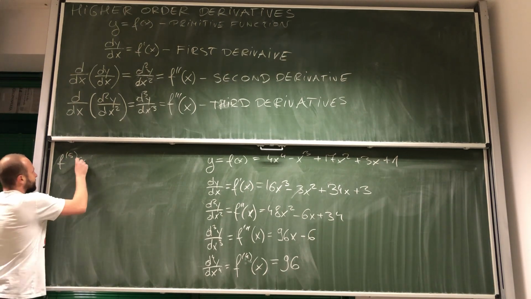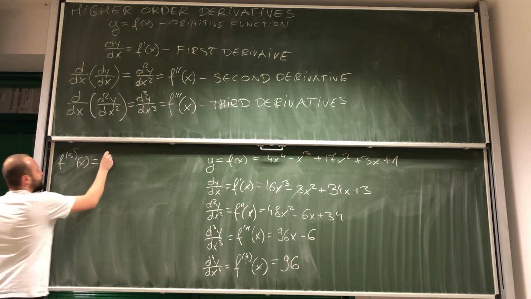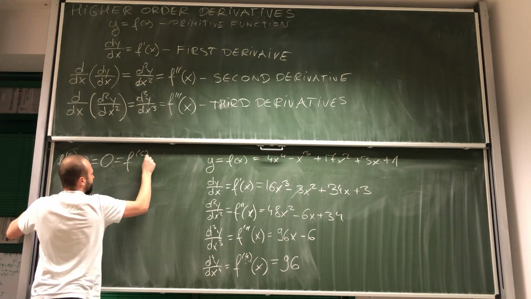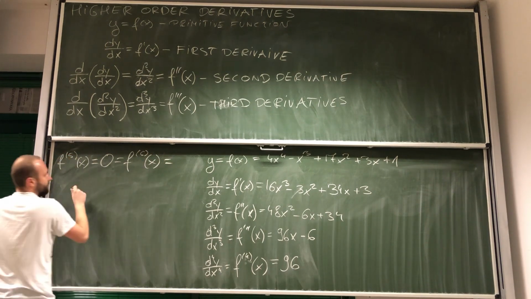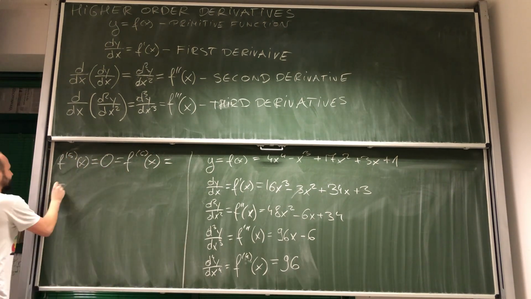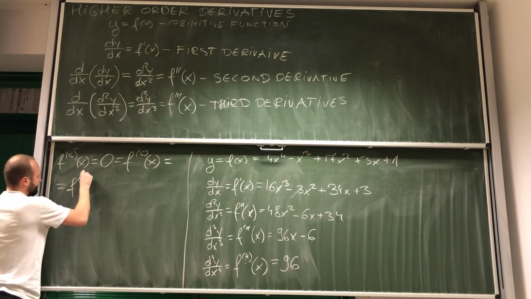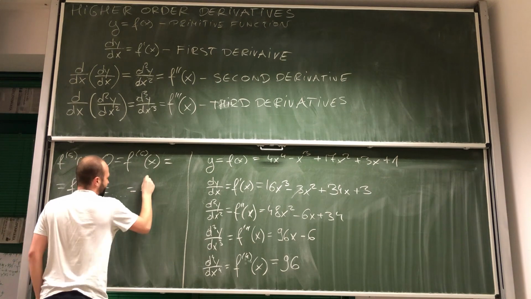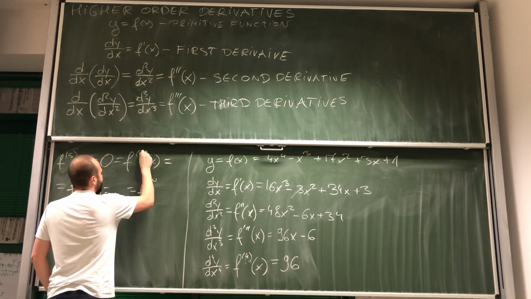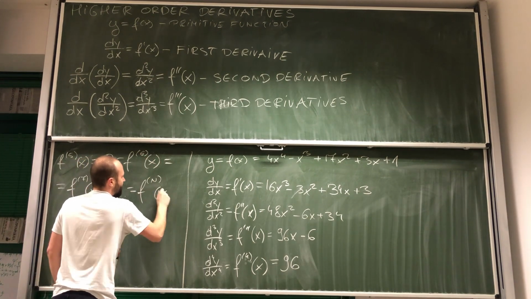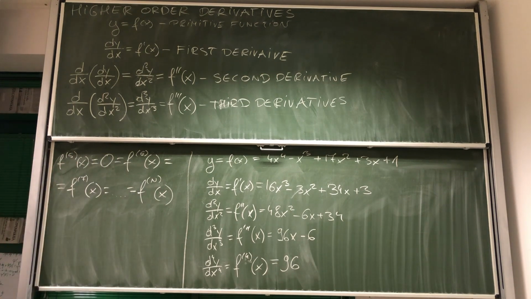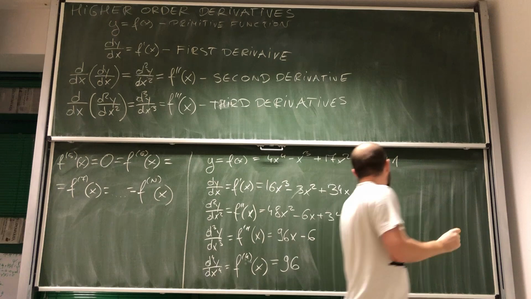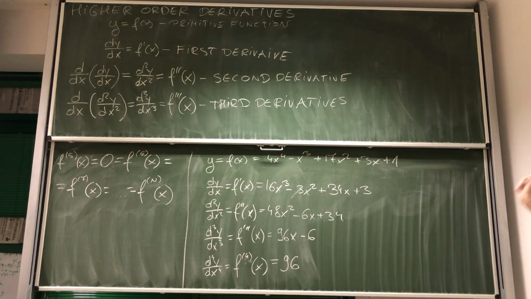But look, this means that it is the same as the sixth derivative, as the seventh derivative, and until the nth derivative. Of course, remember, this is not always the case. Sometimes, no matter how many times we differentiate the function, we will never reach 0.